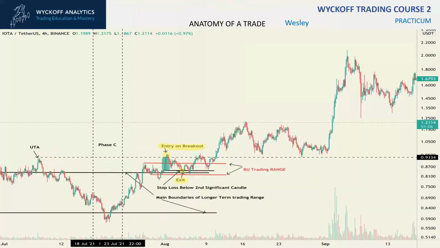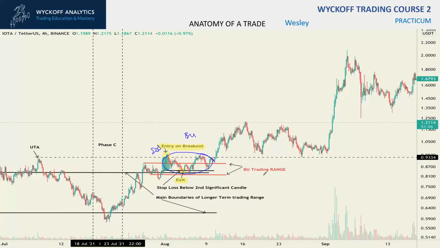Great. So here, if you'd like me to make a few comments, yes. We see good behavior after the sign of strength, and we want to see some sort of backing up action that gives whatever supply remains a chance to be absorbed before a further markup occurs.